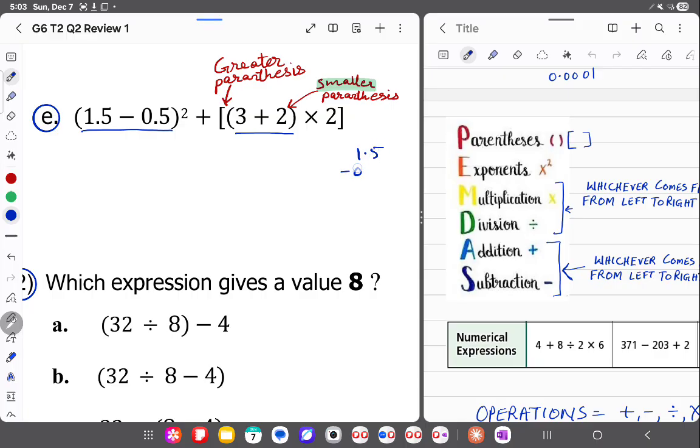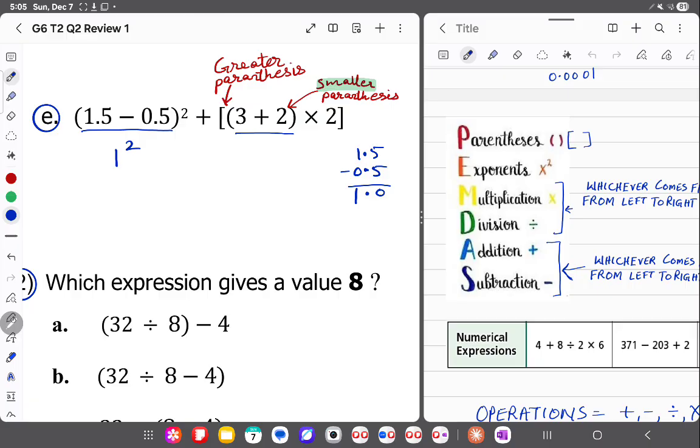Whenever you're subtracting two numbers in decimals, the rule is you keep the decimal points under each other and write the other digits on either side of the decimal point. So I keep the decimal under the decimal. 5 minus 5 is 0, 1 minus 0 is 1. So I get here 1 to the power of 2.